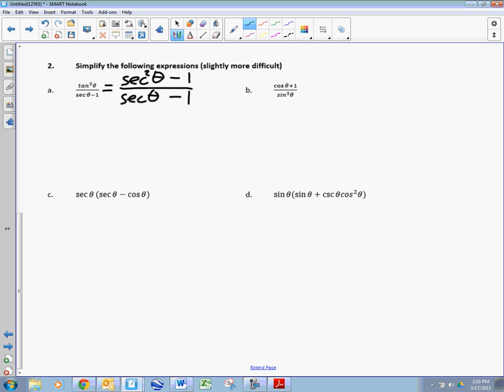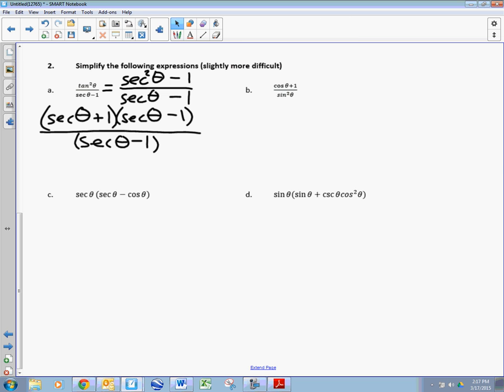Well, this is the difference of two squares, isn't it? And this factors to secant of theta plus 1 and secant of theta minus 1, correct? Top factors. On the bottom, I got secant of theta minus 1.